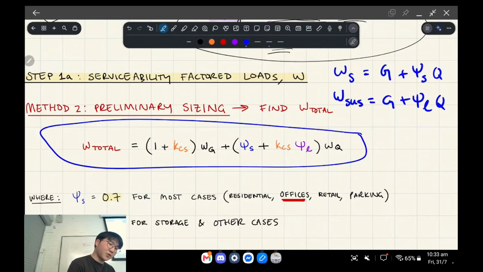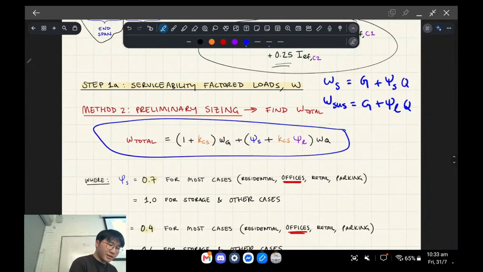So that's what we were doing before. And then later we did W, was it WL? Anyway, it was used to find this, which was then multiplied by KCS to get delta L, which is our long-term deflection, right? So that was the multiplication factor.